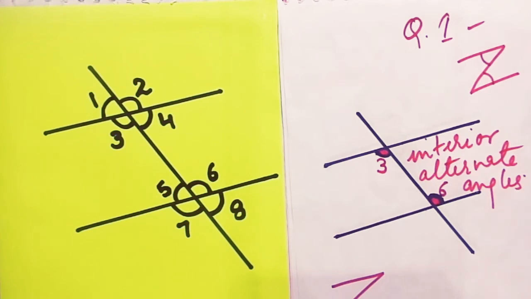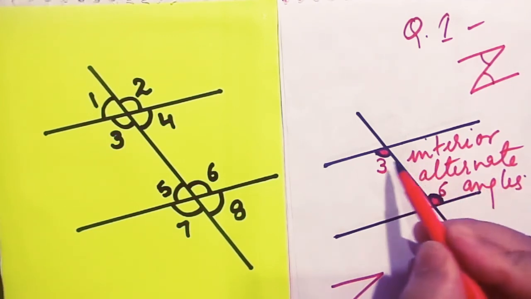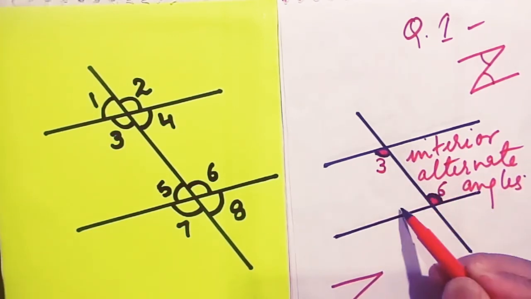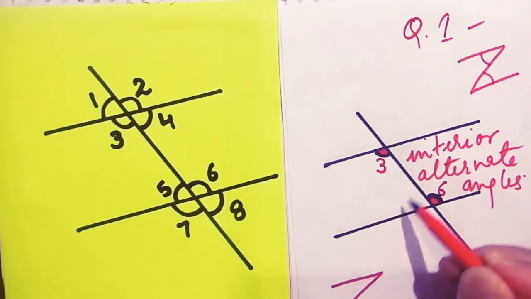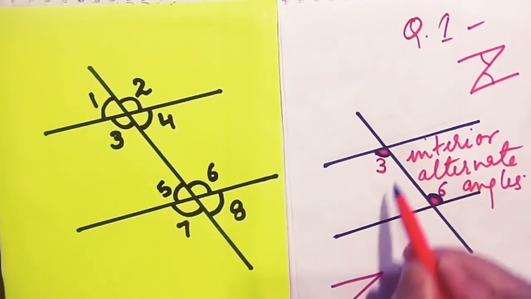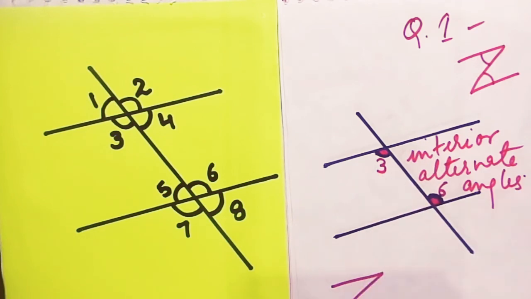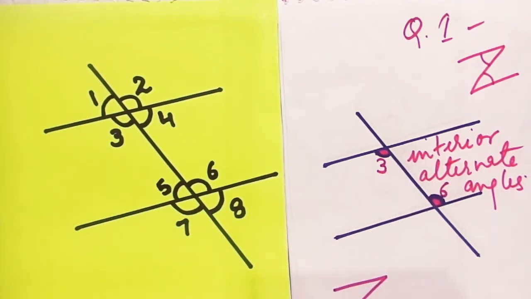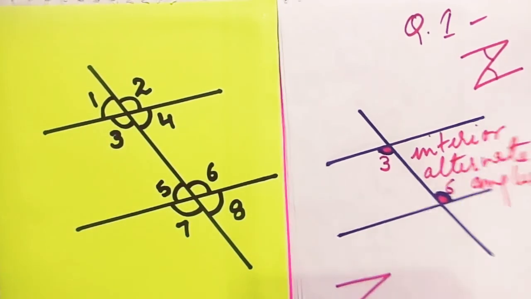Clear? Naturally, if the same angle is formed on this side also, they are also known as interior alternate angles. But here 3 and 6 are interior alternate angles, isn't it? Let's move on to the other sum.